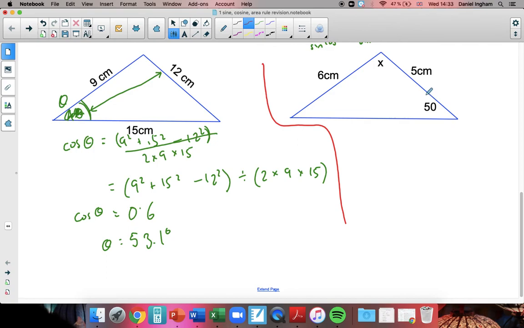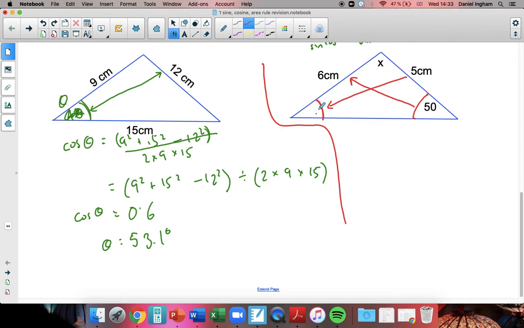And then finally, this one's been thrown in as a bit of a trick. This is something you probably get in an IB exam. You've got the angle and the side opposite it, but we want to find x, and we don't have this side here. The quickest way is to find this angle here, because you've got opposite sides and angles.